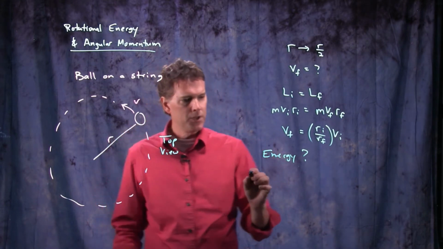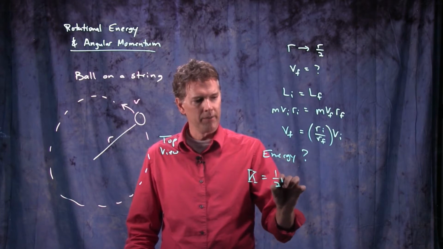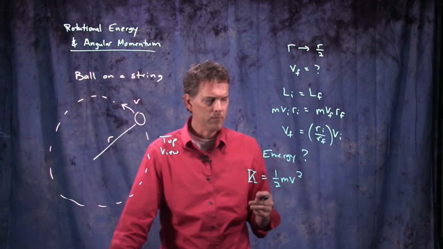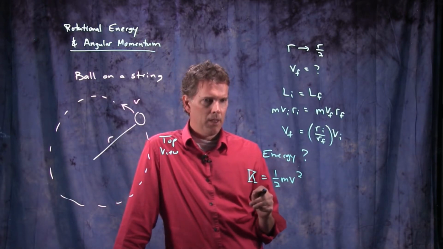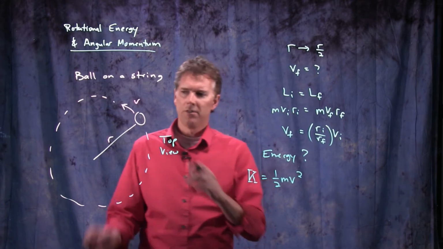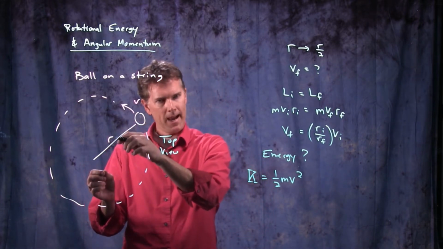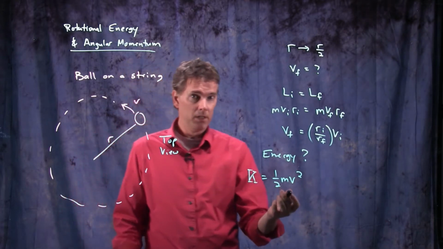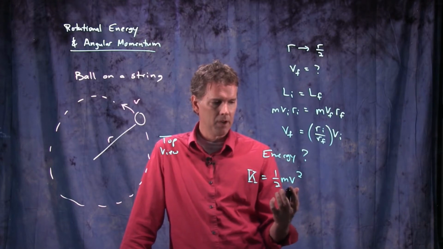Specifically, kinetic energy is just 1/2 mv squared. Does that mean that the ball somehow has more energy when it's at half the distance and spinning faster? Yeah, it seems that way, right?